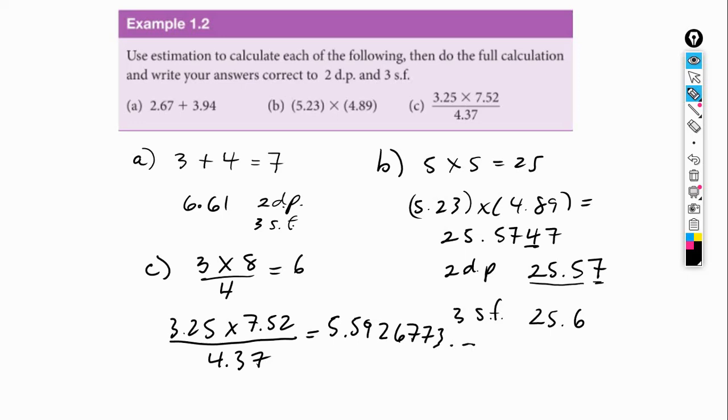That keeps on going. So if we want to round this to two decimal places, that means we have to take into account this. The third digit is lower than 5, so it stays the same. So 5.59 would be rounding to two decimal places, but also to three significant figures, so we don't have to change it.